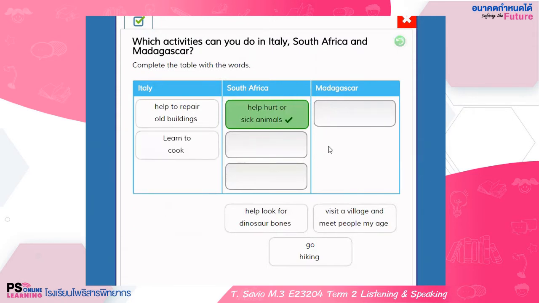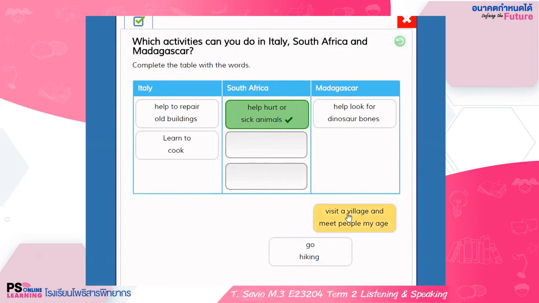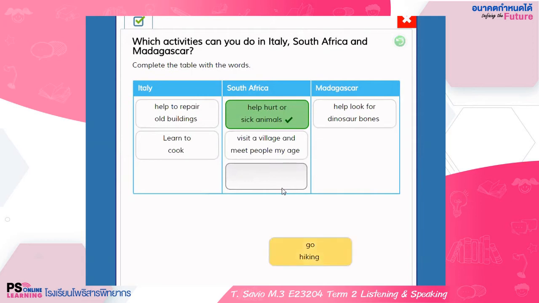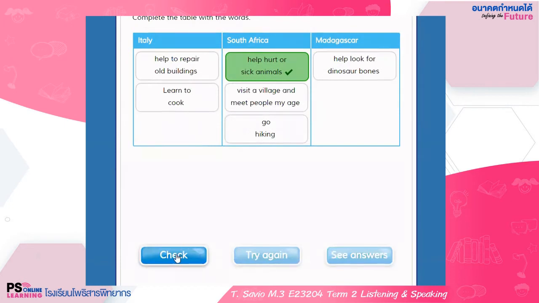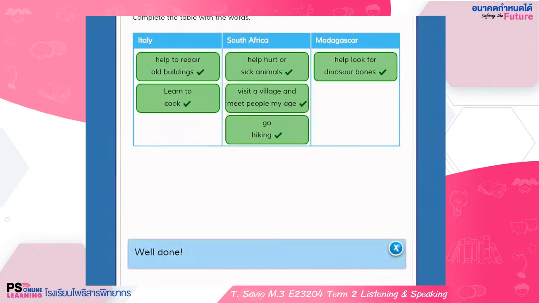In Madagascar, you can help look for dinosaur bones. In South Africa, you can visit a village and meet people my age. And in South Africa, you can also go hiking. Let's check our answers. Well done.